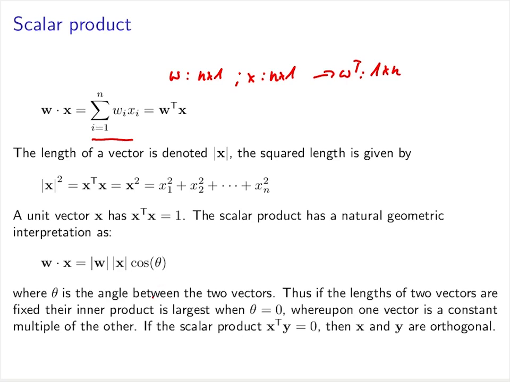The scalar product can also be represented in a geometric way. The scalar product between w and x is the cosine of theta between the two vectors w and x times the length of w and the length of x, right? And here the length of x is the square root of this, okay?